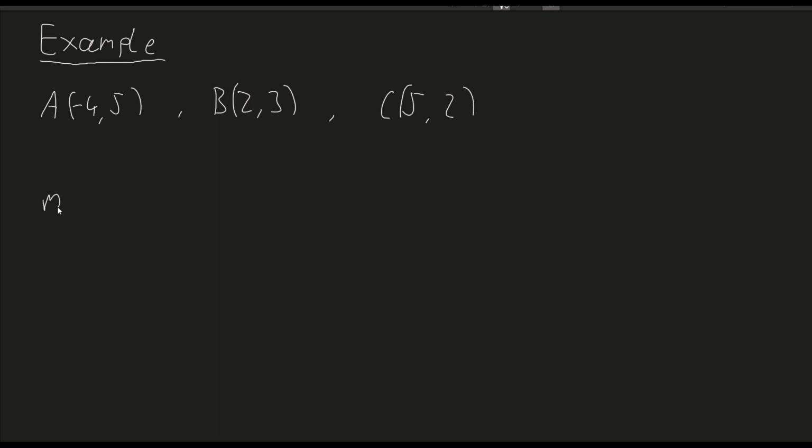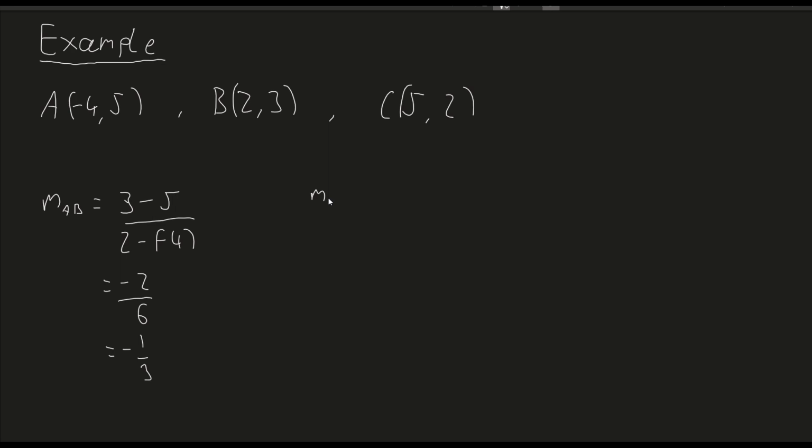We'll have MAB, and you'll remember from National 5, this is y2 minus y1 over x2 minus x1. So we'll have 3 minus 5, and we'll have 2 minus minus 4. 3 minus 5 is minus 2. 2 minus minus 4, 2 negatives make a positive, so we have 6. And this simplifies to minus 1/3.